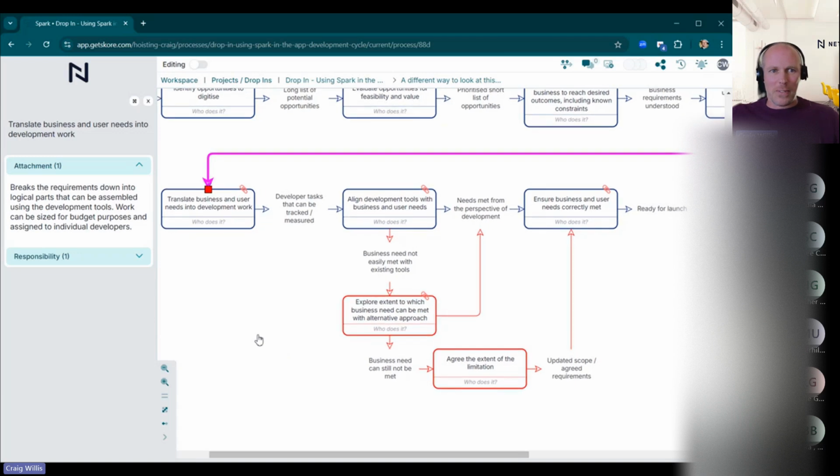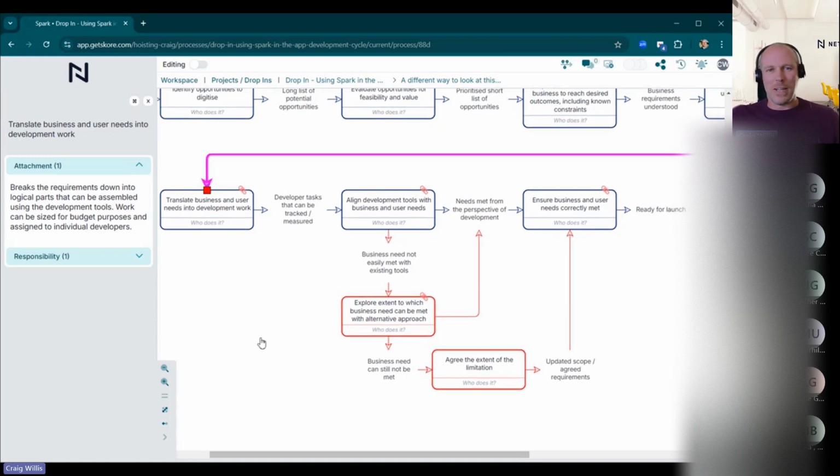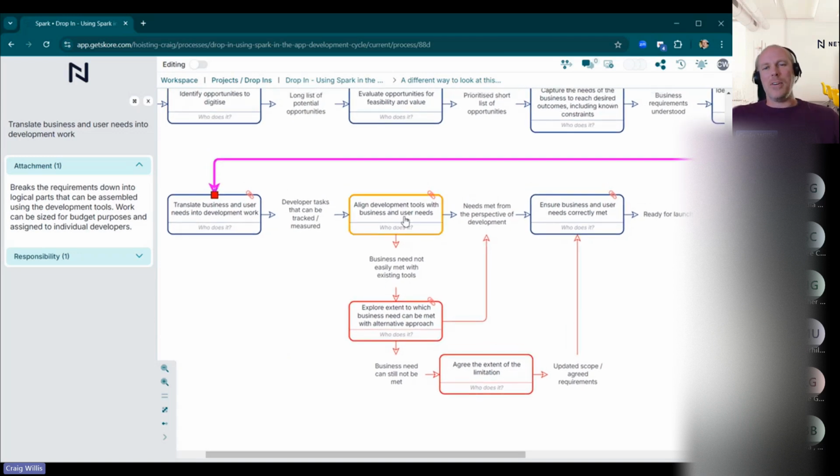It breaks the requirements down into the logical parts so they can be assembled. Then you can move into actually building them, and this is a key part. I've called this "align development tools with business and user needs," but what I basically mean is your developers or technical team saying, right, these are the needs of the organization, and this is the tool set or apps that I've got available to try and meet those needs.